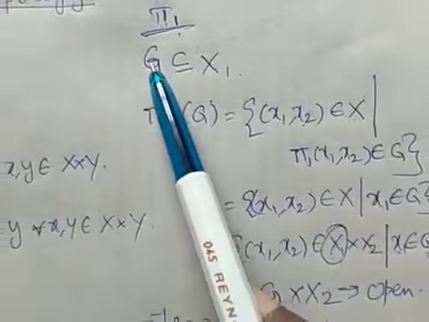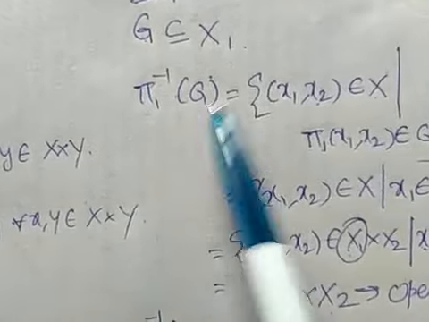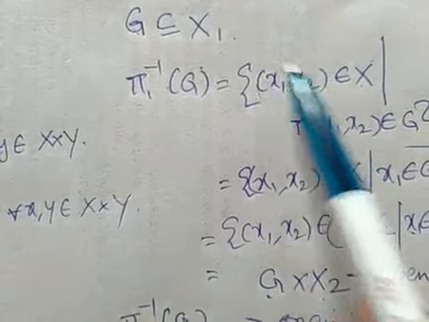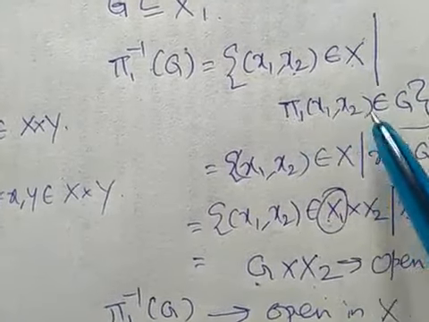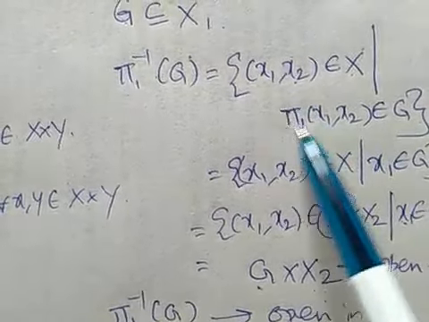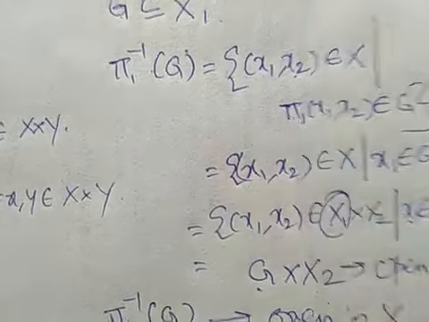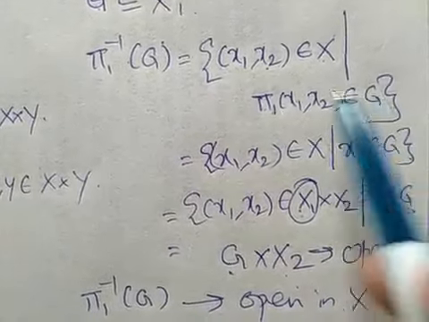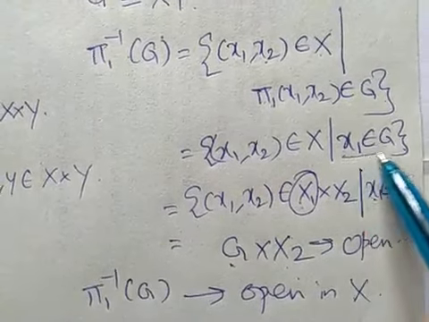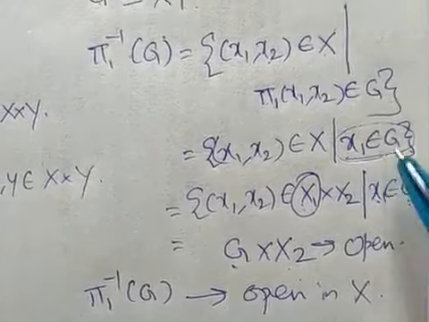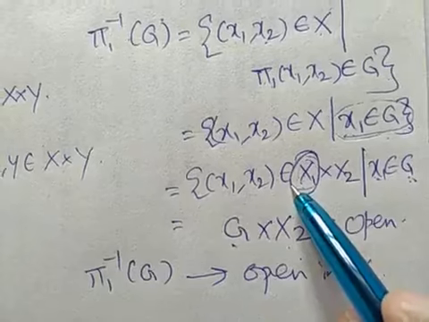So I repeat, I am considering an open set G subset of X1. We define phi 1 inverse of G as the set of (x1, x2), an element belonging to X1 cross X2, such that phi 1 of (x1, x2) belongs to G. This is the projection map on the first set X1, therefore x1 belongs to G. Phi 1 of (x1, x2) is nothing but x1 that belongs to G. So for all elements x1 belonging to G, it means we are considering only the elements of G in X1, not other elements.